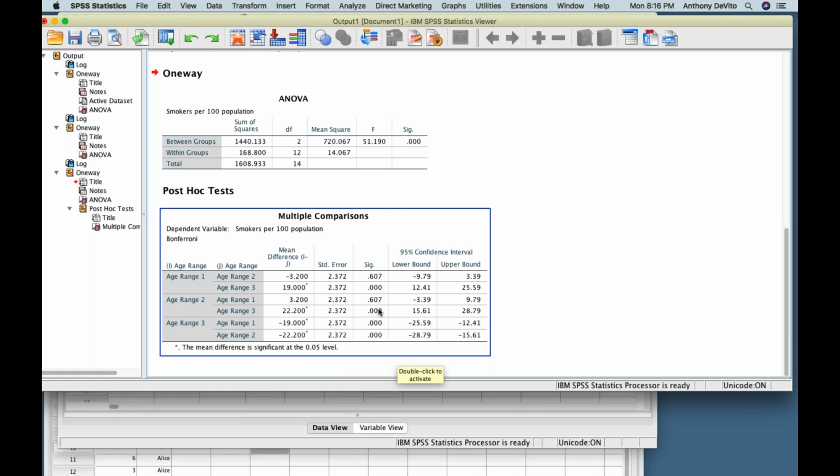So age range 3 is different from the mu for age range 1 and age range 2, but 1 and 2 are not different from one another. So I can say that these two are different, right? But I can't say that 1 and 2 are different from one another.